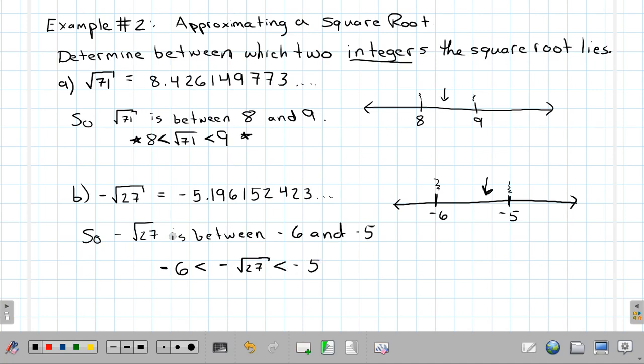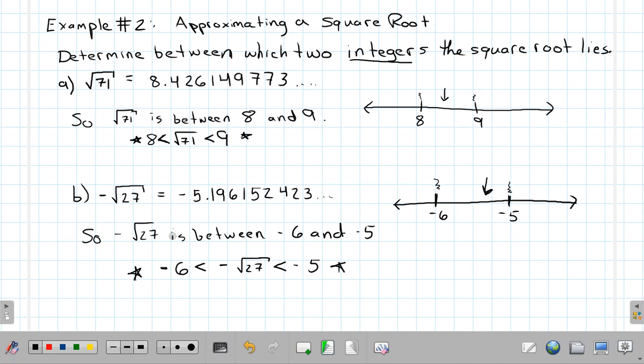So actually, the biggest number there is -5. -5 is bigger than -5.196152423, which is bigger than -6. Okay, so the two integers that negative square root of 27 is between is -6 and -5.